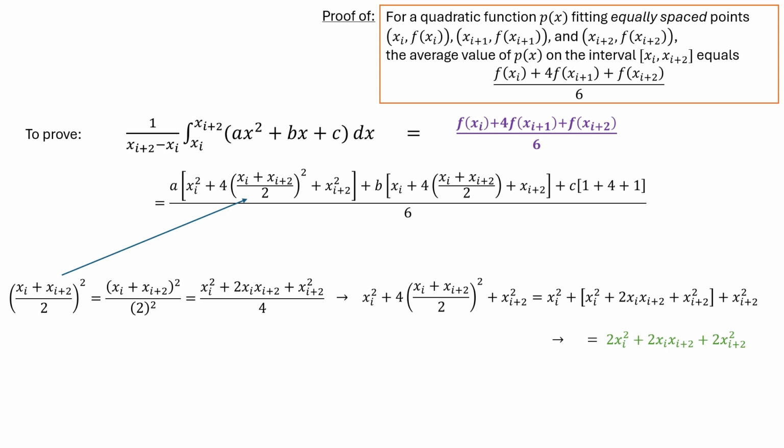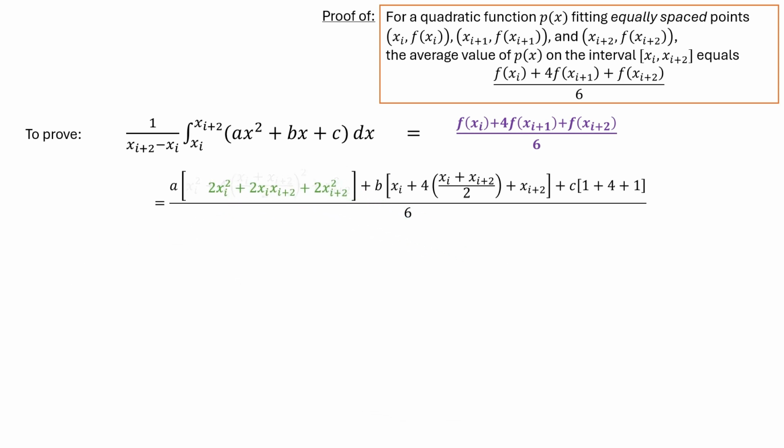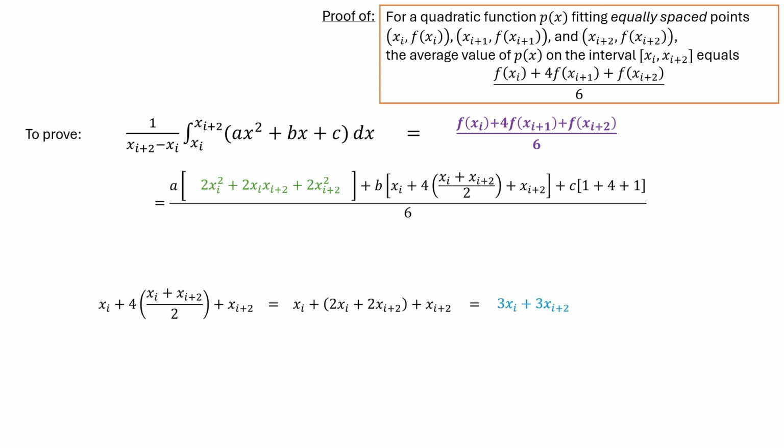Then we are left with, on the inside of the term multiplied by a much nicer 2xi squared plus 2xi xi plus 2 plus 2xi plus 2 squared. There we go! For this next one, it's a little easier. 4 divided by 2 is 2, so the term just becomes 2xi plus 2xi plus 2, which gives us 3 of each in total.